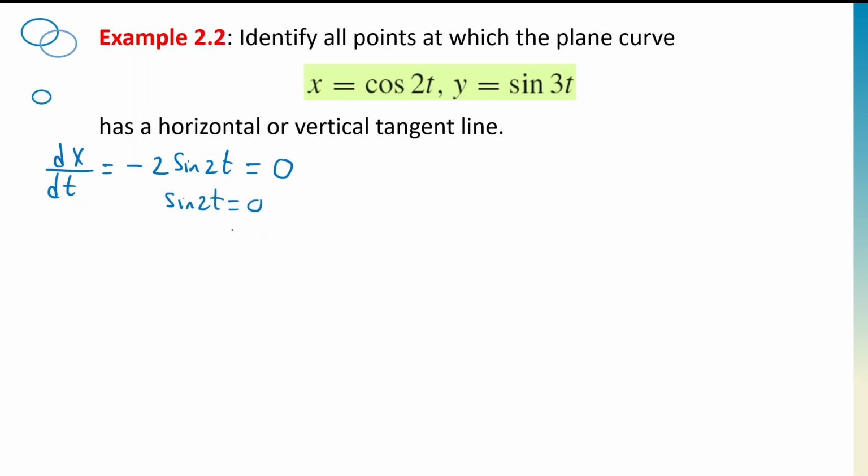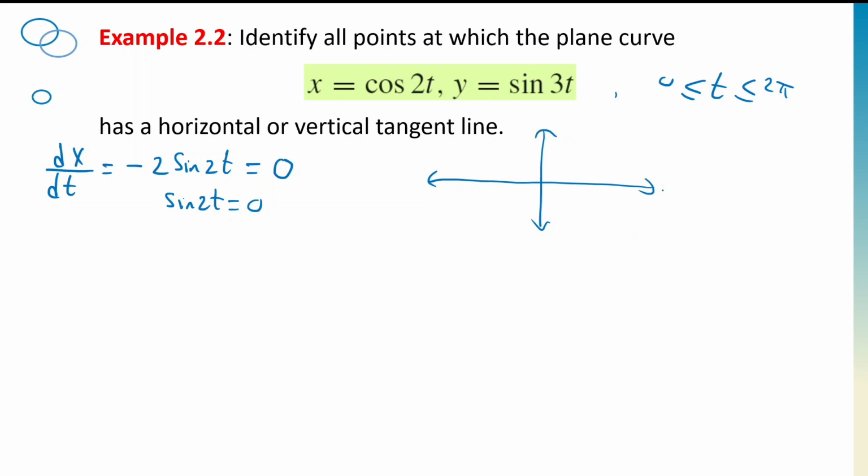And when the sine equals 0, let's take here the interval. We'll take just from 0 to 2 pi for t. One full revolution. Now, the sine equals 0 always at the x-axis, all the quadrant angles at the x-axis.